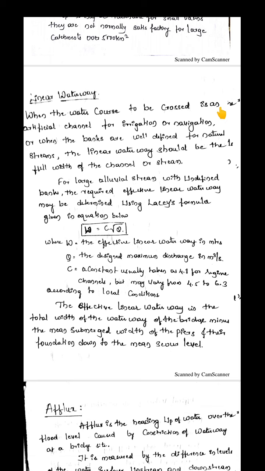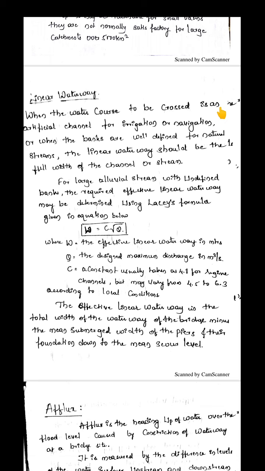So the formula to calculate the effective linear waterway is W equal to C times the square root of the discharge Q. For regime flow, C equals 4.8.